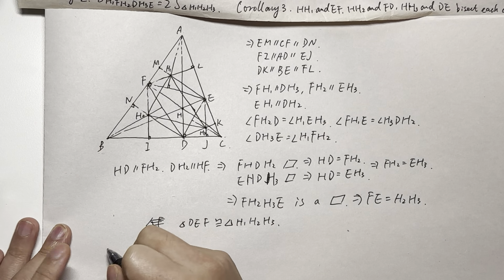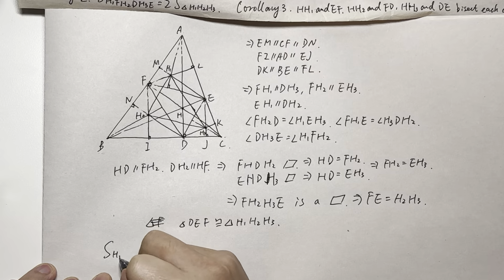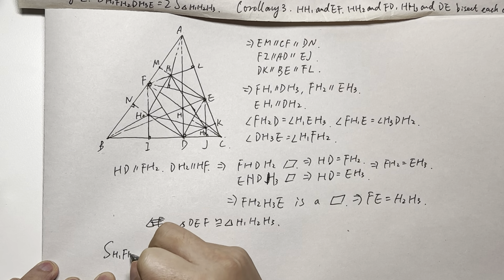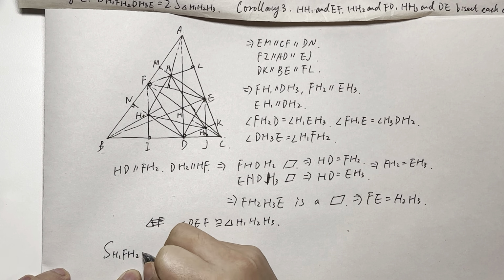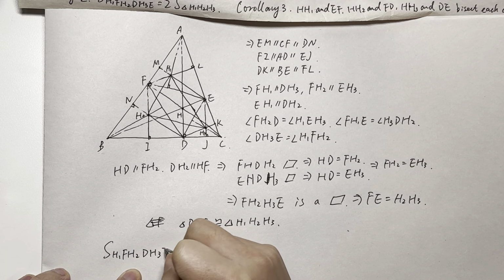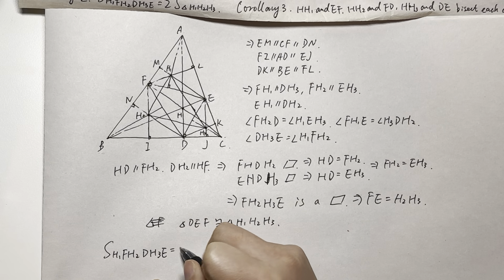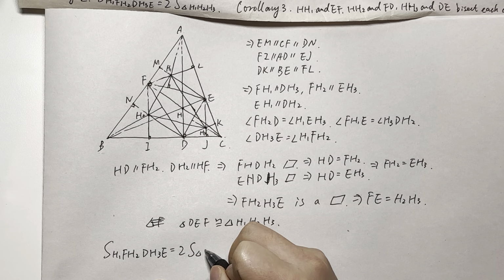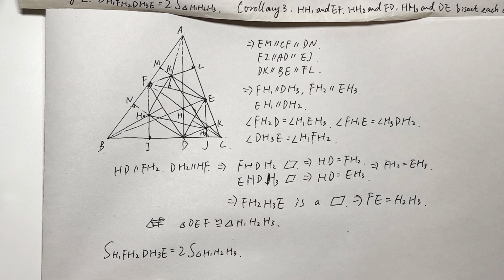So we want to prove that the area of H1FH2DH3E equals twice the area of triangle H1H2H3.